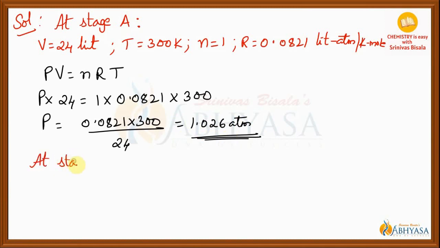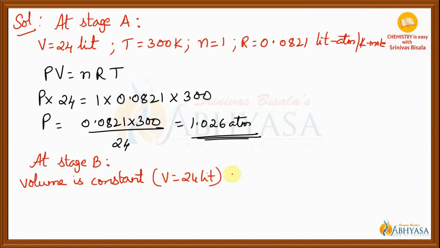At stage B, the volume is constant, which is the same as that of stage A. So I will write V as equal to the same 24 liters. And the temperature is increasing from 300 Kelvin to 600 Kelvin, isn't it? So the pressure will change whenever temperature changes by keeping volume constant.